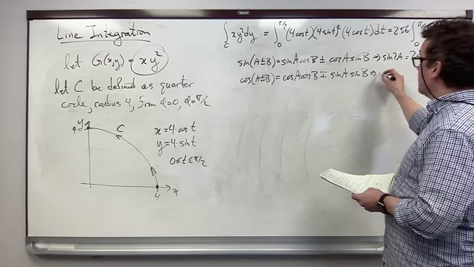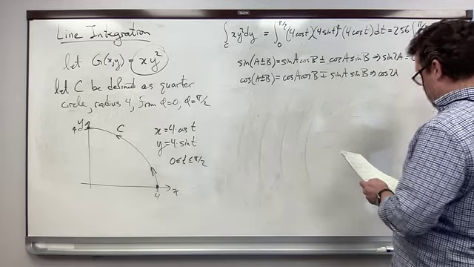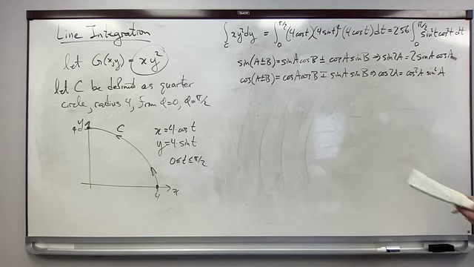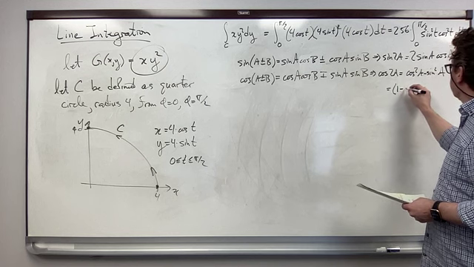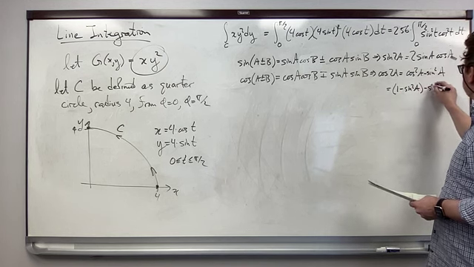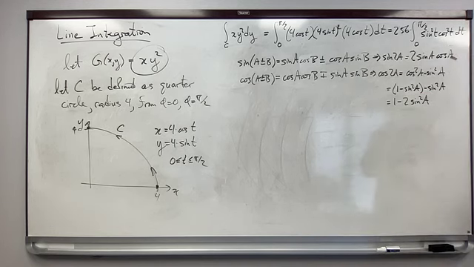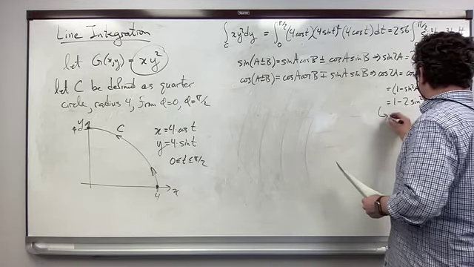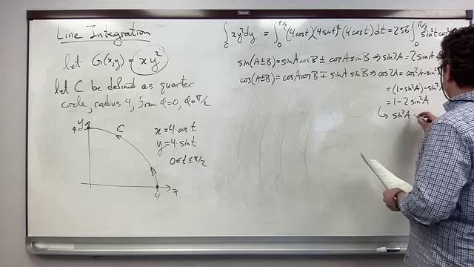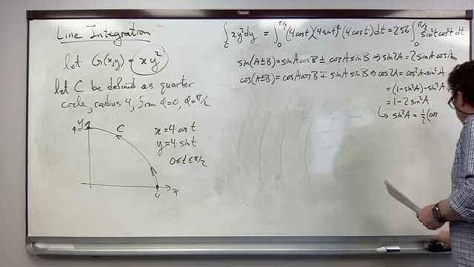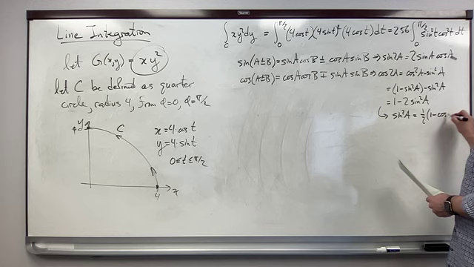And this means that cos of 2A is cos squared A minus sine squared A. Now those we can recast as, for example, cos squared A is 1 minus sine squared A, minus sine squared A. So this becomes 1 minus 2 sine squared A. Okay, and that means that sine squared A equals 1/2 of 1 minus cos 2A.